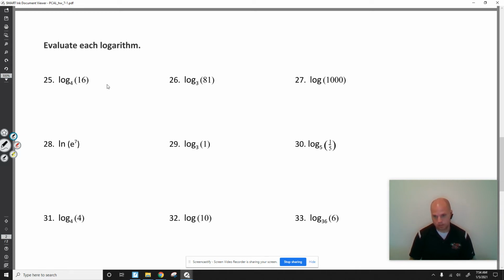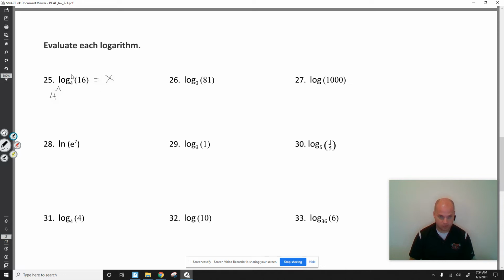But what I do is treat this as an equation, like, I don't know what this is equal to. So log base 4 of 16 is some number. Well, I'm going to rewrite this in a form that most students are more familiar with, which is exponent form. So I'm going to get rid of the log base 4 by doing 4 to the power.